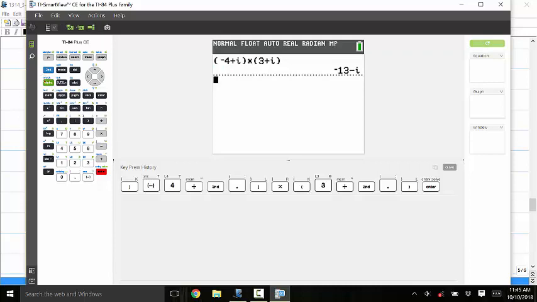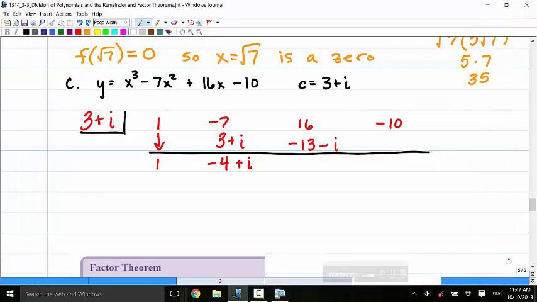You're going to hit the second button, and the i is right above your decimal point. Give me just a second. We're right here. So 16 plus negative 13 minus i gives you 3 minus i.